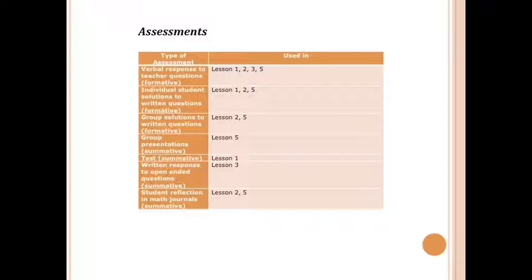Then we have summative assessments where you evaluate the student's understanding for the entire unit. And we have group presentations for lesson 5, a test, written response to open-ended questions for the lessons that you see in the chart, and then student reflection in math journals where you research for understanding.